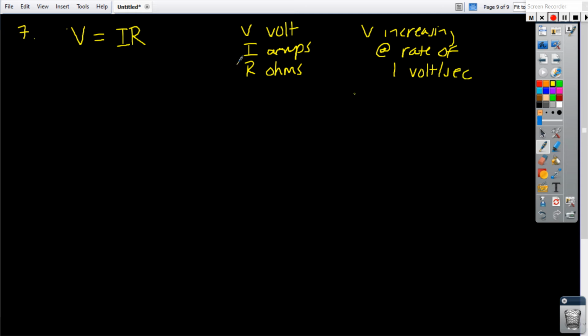And I is decreasing at a rate, there's that rate again, at a rate of 1/3 amps per second. Okay, and it says let t be time in seconds.